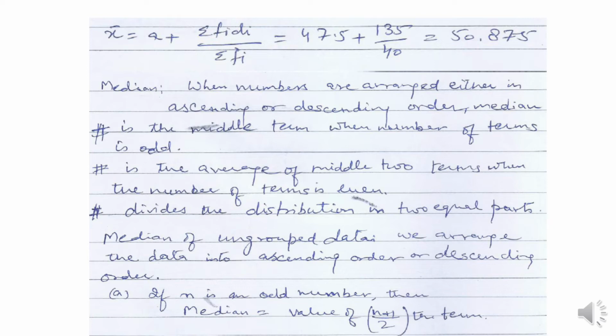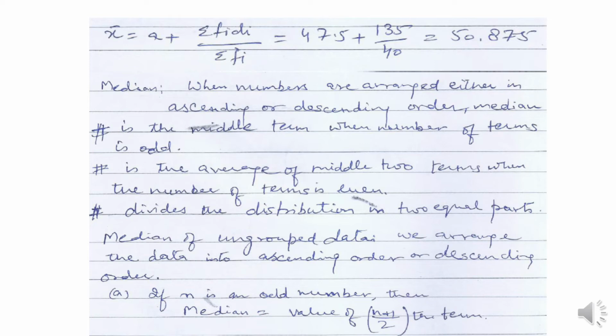Next, the measures: mean, median, mode. We are finding a measure of the data, that is, how much of the data is on the right side and how much on the left side. The second measure is called median. When numbers are arranged in ascending or descending order, the median is the middle term when the number of terms is odd.